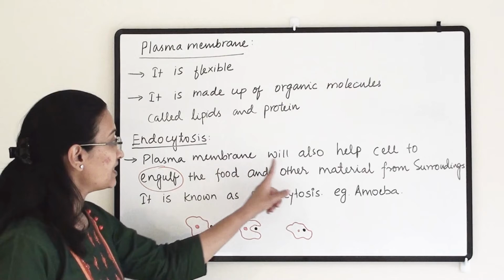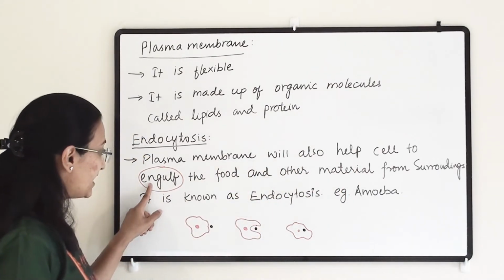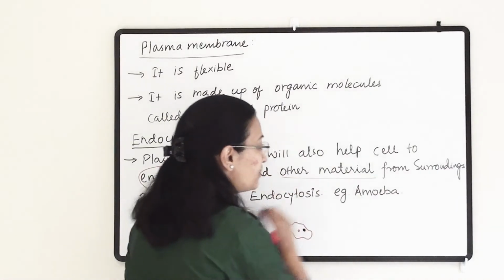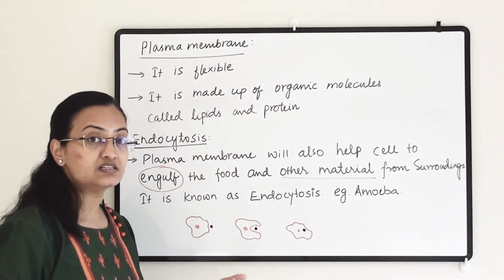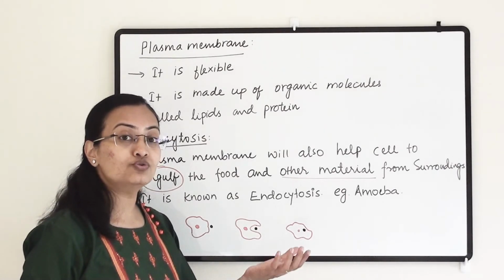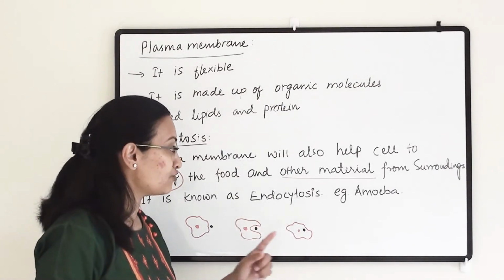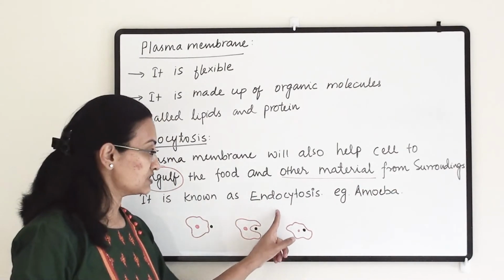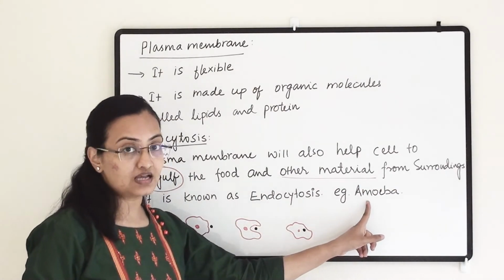So the plasma membrane will also help the cell to engulf food and other material. Not only food particles, but some other materials which are important for the cell, those materials also they will take inside from the surroundings. So it is known as endocytosis, and the example is amoeba.